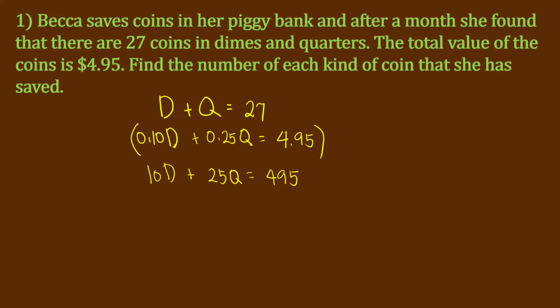Now we can choose to eliminate the variable D. Since this is 10D, let us multiply the first equation by negative 10, so we come up with negative 10D, negative 10Q, and negative 270.